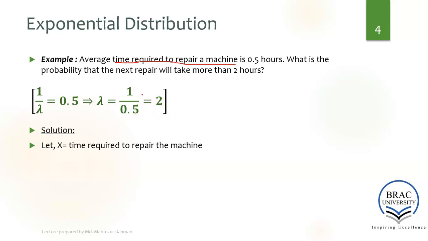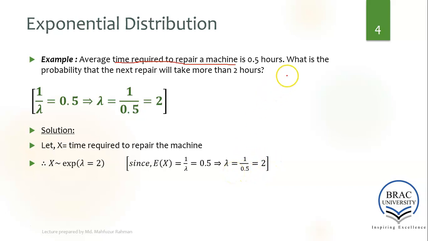From a different angle, 2 machines will be repaired in 1 hour or 1 unit. So that's how lambda is defined. Now let's write properly that x follows an exponential distribution with parameter lambda equal to 2.